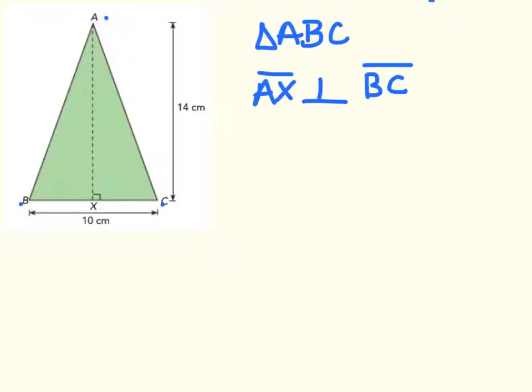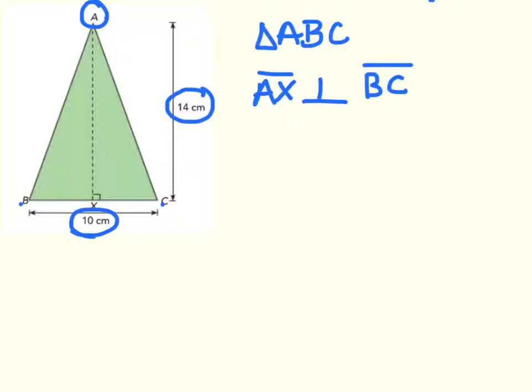The base is equal to BC, or 10 centimeters. If our base is BC, our height is the perpendicular distance from the opposite vertex. So that means line AX would be our height. AX is perpendicular to BC, so our height must be 14 centimeters.